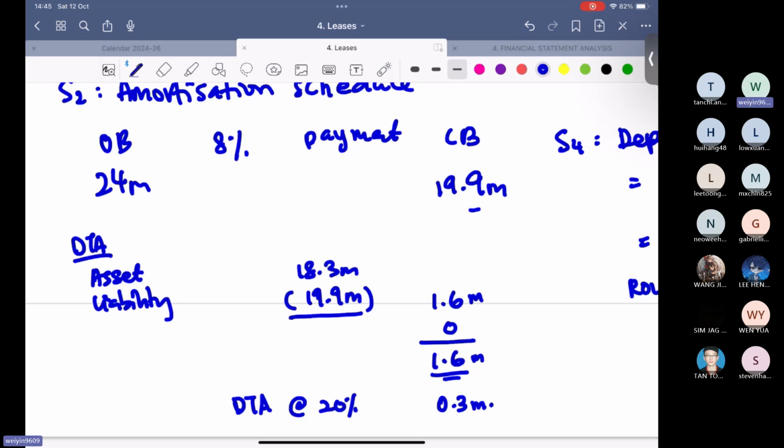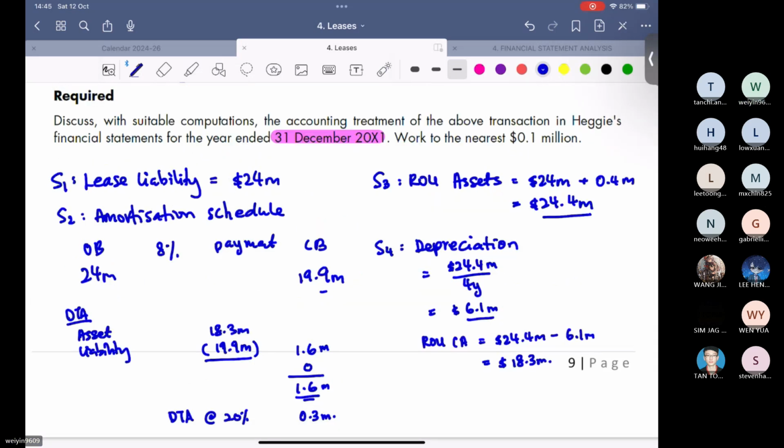So after this, we proceed with the DTA. So the DTA, it says that the carrying amount of the financial statement will be net off based on the ROU amount and the lease liability. So I get 1.6 million. As the tax relief is granted on cash basis, therefore the tax base is 0.